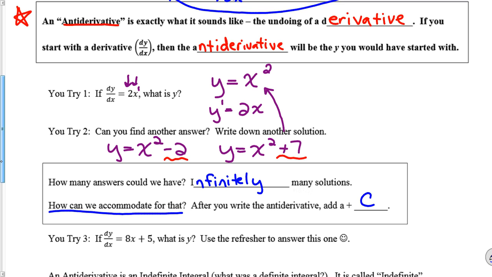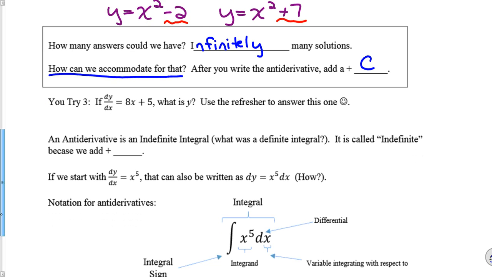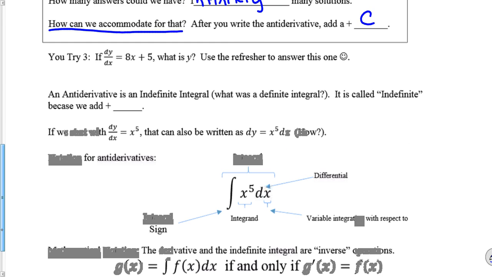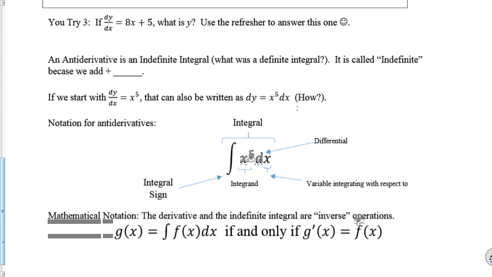So if we move down to you try 3 now, which should look very familiar, if dy dx is 8x plus 5, what is y? And I want you to use this plus c notation. So please write down what y needs to be.